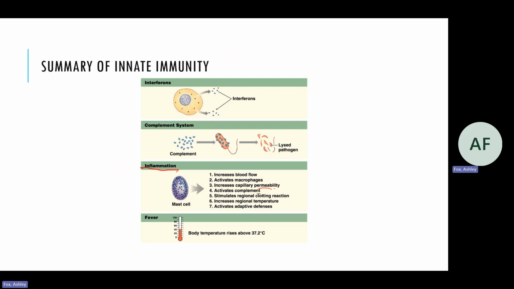Inflammation activates complement. So helping with those killing proteins. It can help with increase of your heat, temperature, also calling your adaptive defenses, your T cells and B cells. And then we have fever.